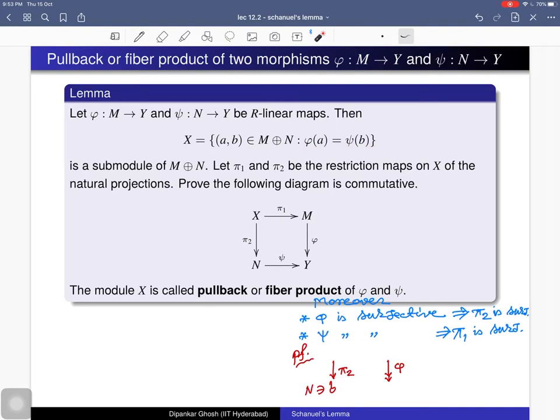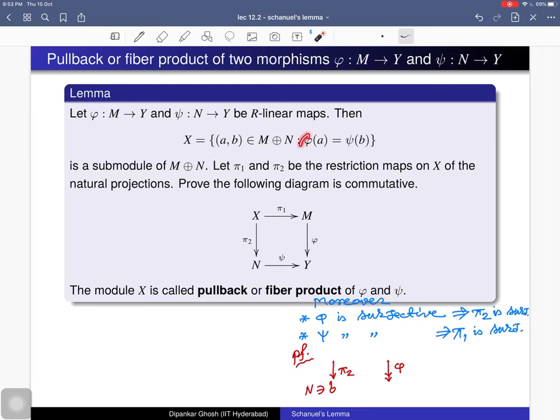Because we want to construct an R module along with module homomorphisms such that this diagram is commutative, we are considering this collection. And now one can verify that this is a subset of this direct sum, that it contains the 0 element, the tuple (0, 0), and also that this subset is closed under addition and scalar multiplication.